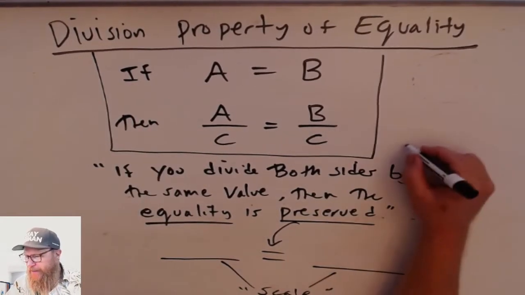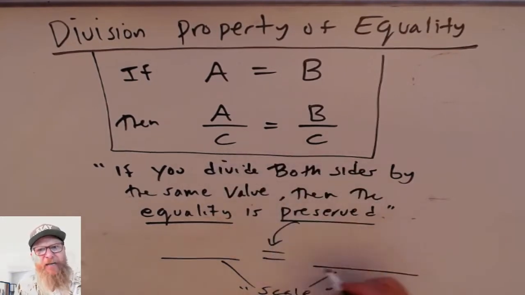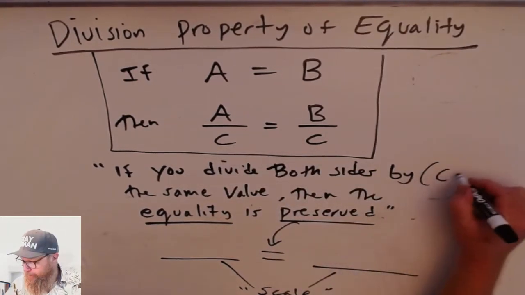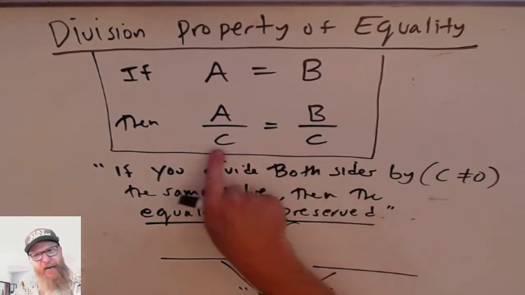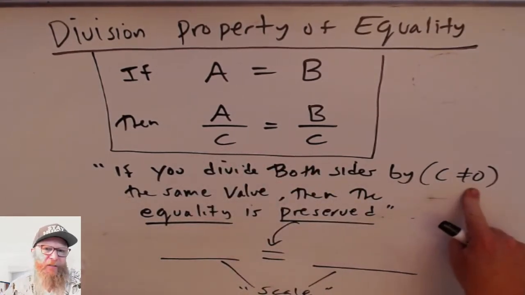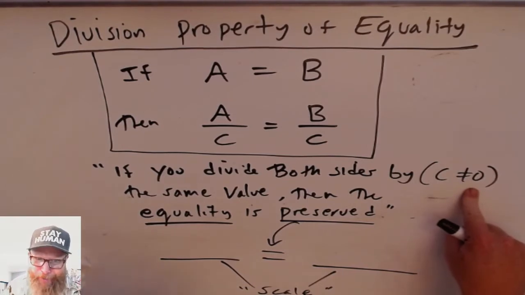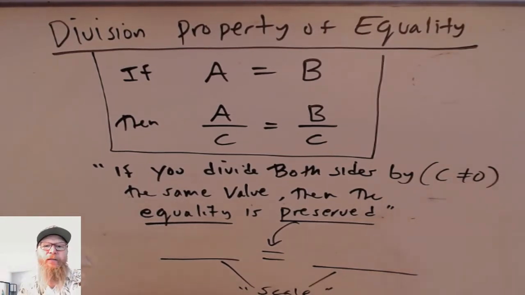We assume that C is not 0. You're not dividing by 0. So you can divide both sides by any number except 0. Don't worry, you're not going to divide by 0, but just to put that out there that you can't do that. That would definitely not preserve the equality.